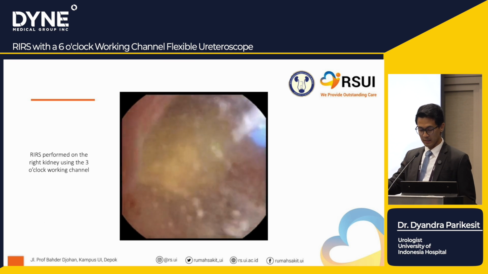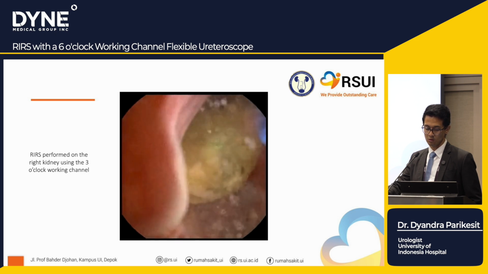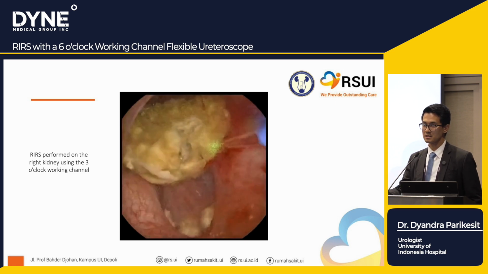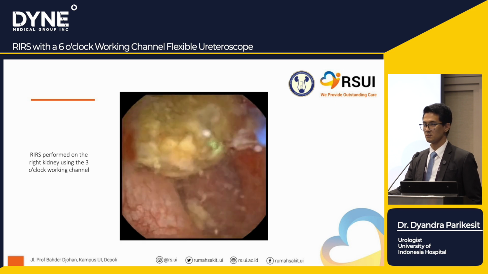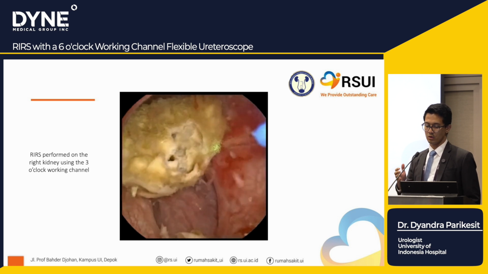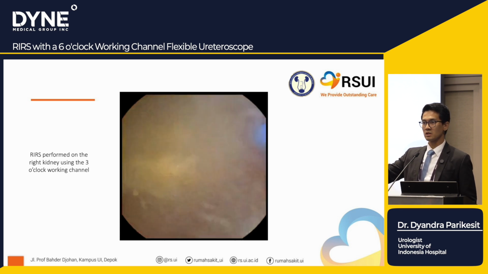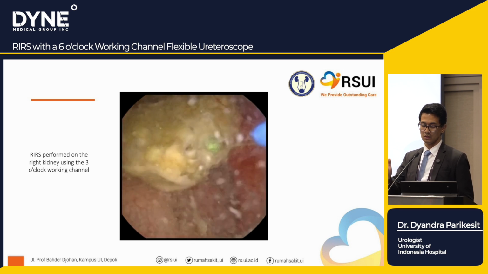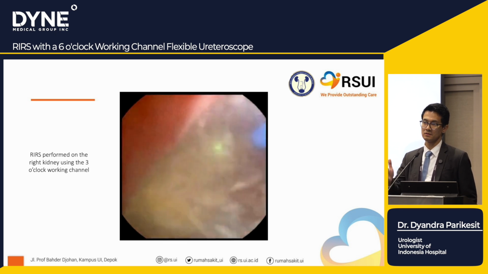This is one of my cases in Jakarta using the 3 o'clock position. As Dr. Beckes also showed in his slides, we always have difficulty reaching some of the calyxes, especially if the mucosa is in the way. Because we're working the laser at 3 o'clock, probably two-thirds or more than half of your vision would be the mucosa, so it's very difficult to reach the left side of the stone.